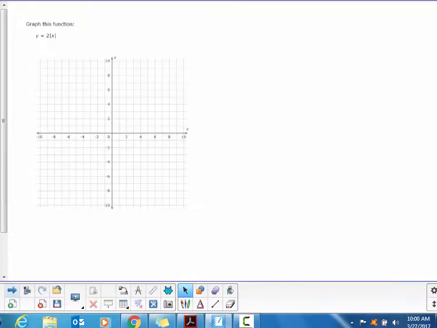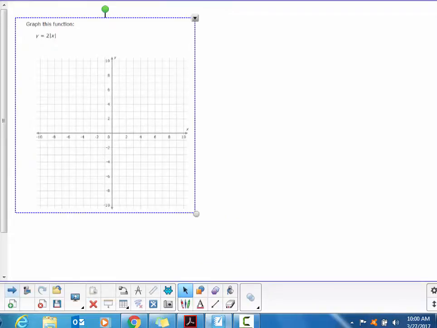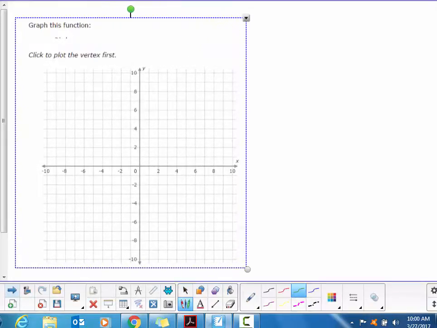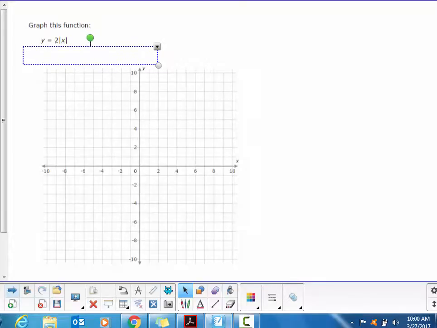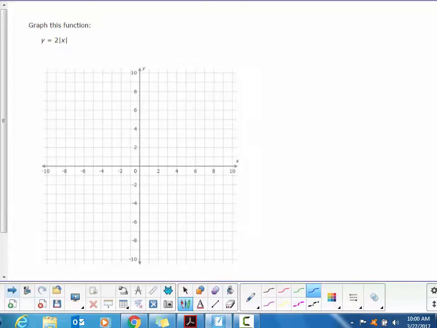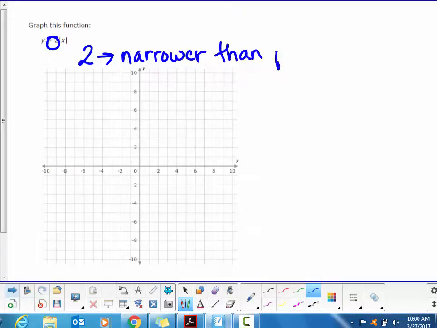All right, let's start with y equals 2 times the absolute value of x. So, when x is 1, y is 2. This is going to be narrower than the parent function. When x is 2, y is 4.